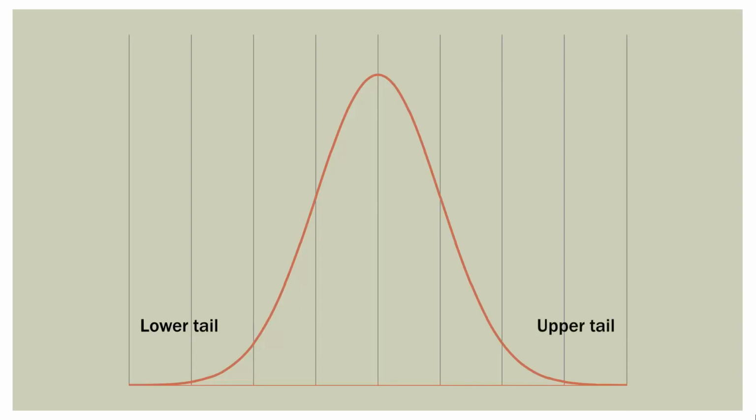On the ends, we call these the tails. So we have the lower tail and the upper tail. Sometimes you'll just see here the tails. Underneath the curve is the probability area. So everything under the curve is what we're interested in. We're not interested in anything outside of this curved shape, just the area underneath it.